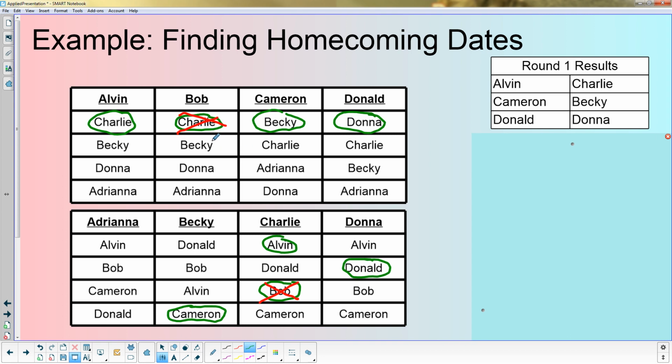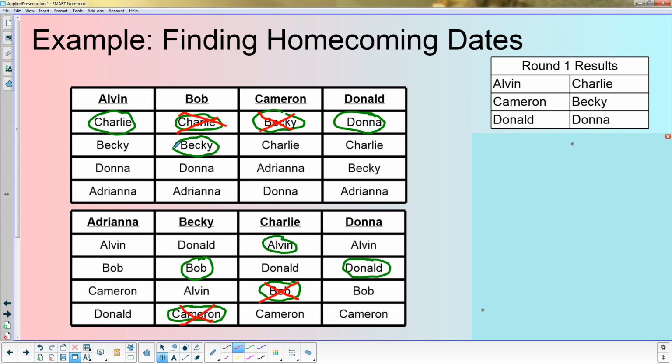For the second round, there's only one guy that's not going to the dance with somebody, and that's Bob. He's going to propose to Becky. Becky, seeing that Bob is higher on her list than Cameron, will tentatively accept his proposal, in the meanwhile rejecting Cameron's. So Cameron is now single and looking for a date.